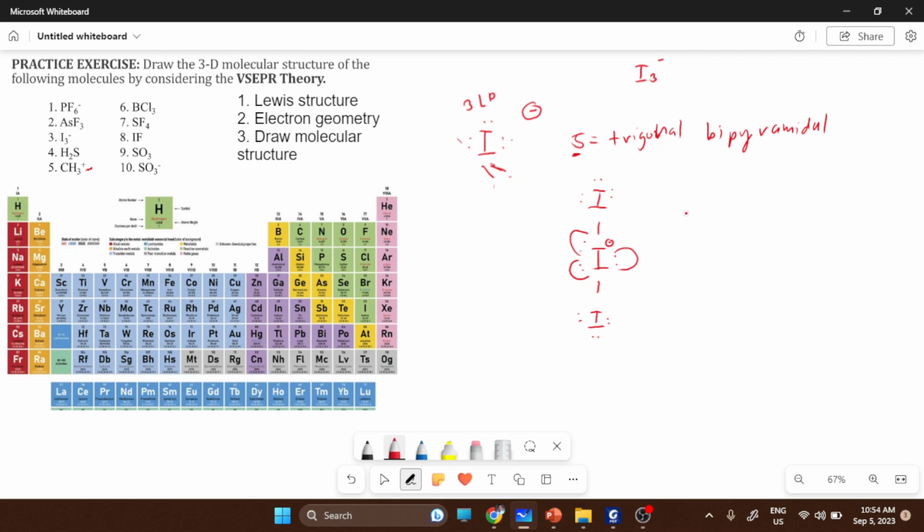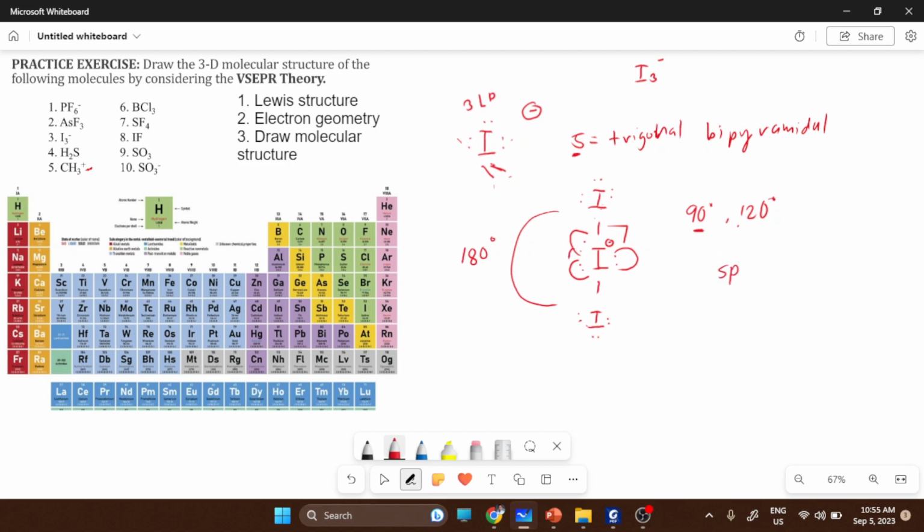So, what is the bond angle? Between dito, on the terminal atoms, syempre it is 180 degrees. But in the electron geometry, ang bond angle natin ay 90 degrees and 120. But when you are asked between the terminal atoms, therefore, ang bonding angle nila is 180 degrees, of course. But when asked what are the bond angles of the electron geometry, the answer is 90 between here and 120 between here.